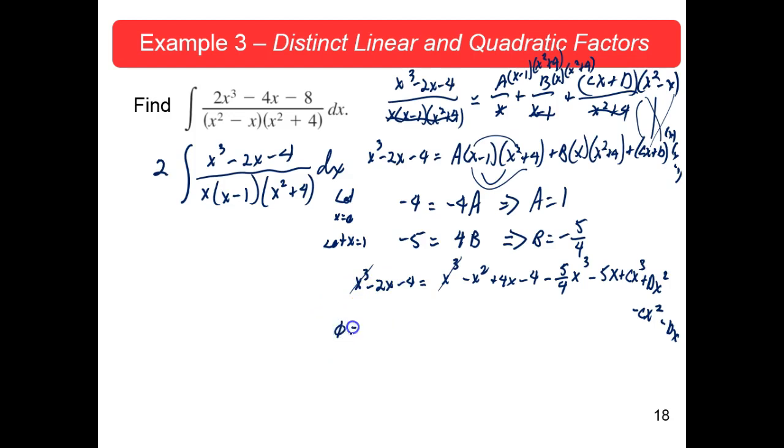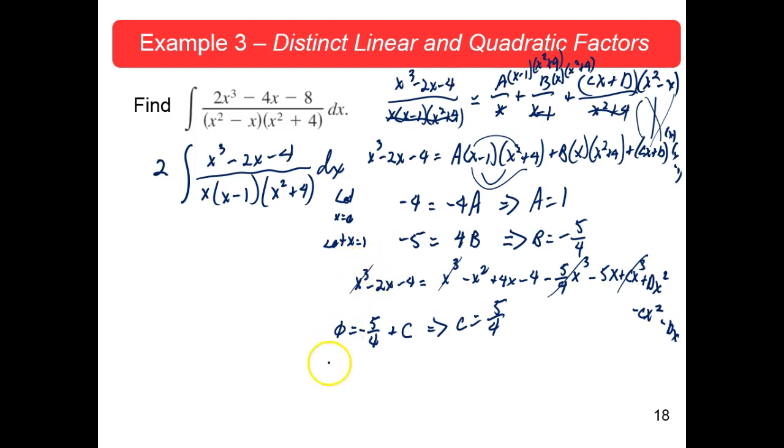So 0 is equal to minus 5/4 plus c. Okay? So that means c is equal to 5/4, because that's the only x cubed terms we had.